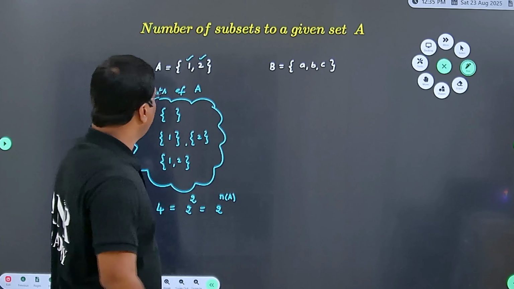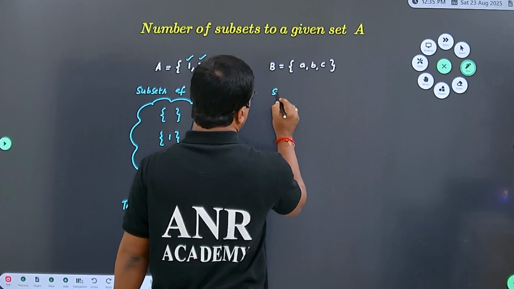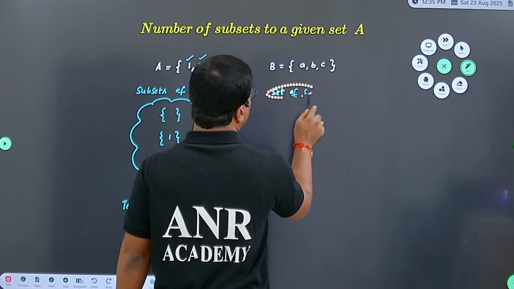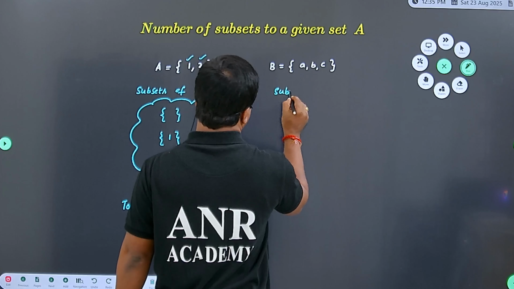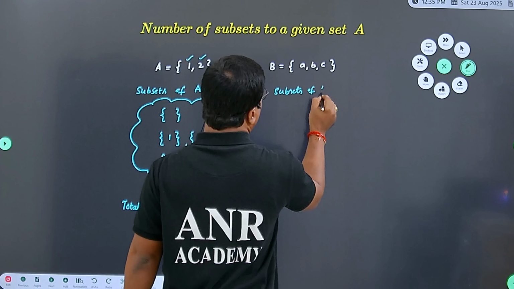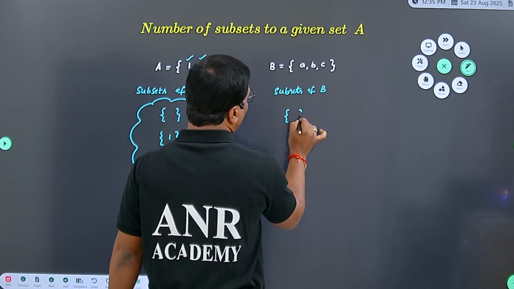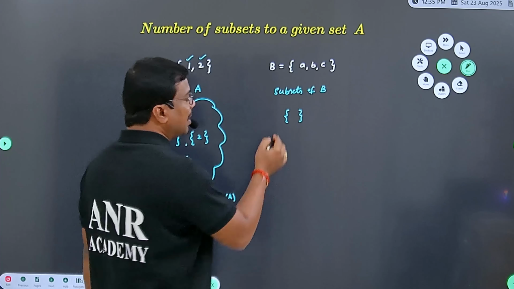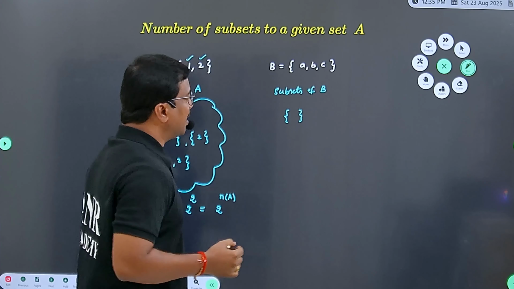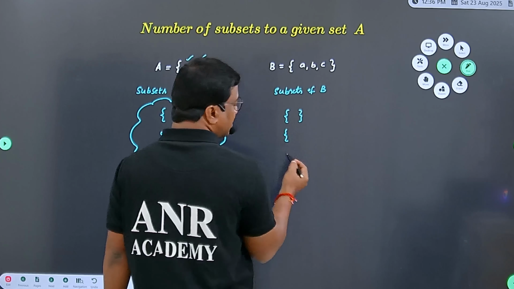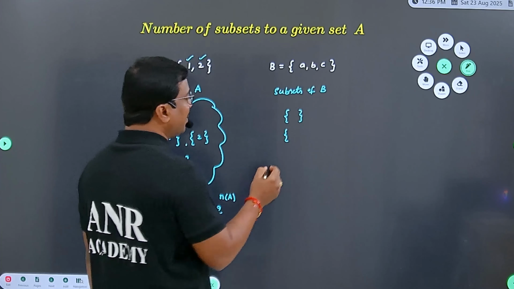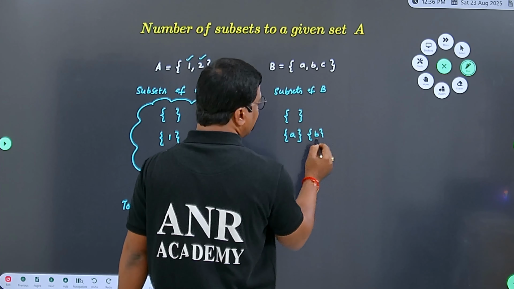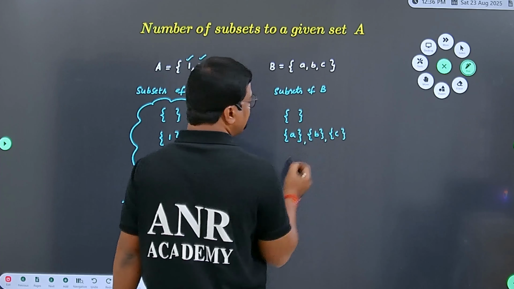The same here, suppose you write subsets of the second set B. The set containing no element, that is the empty set, is a subset of the given set. Next, sets containing only one element: the set {a}, the set {b}, the set {c}.